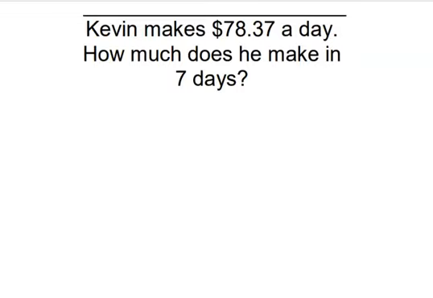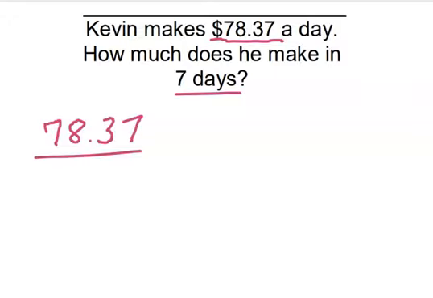Kevin makes $78.37 a day. How much does he make in 7 days? Okay, well, all we're going to do is take that and multiply it by 7. Okay, we could actually show it as a unit rate, where we have $78.37 per 1 day.